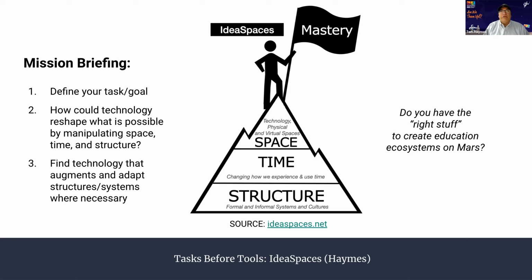Ask yourself how technology would reshape what you're doing by manipulating the technology in the idea spaces rubric, which is primarily a space consideration. But technology also shifts time, and we can use it to change how we experience time, and how our students are able to use time synchronously and asynchronously in various ways.